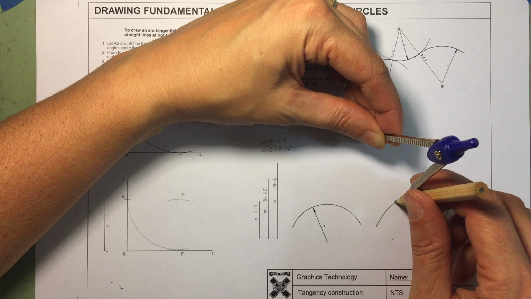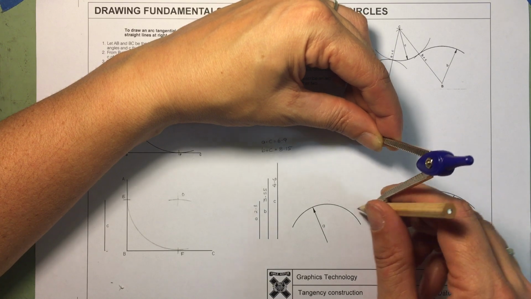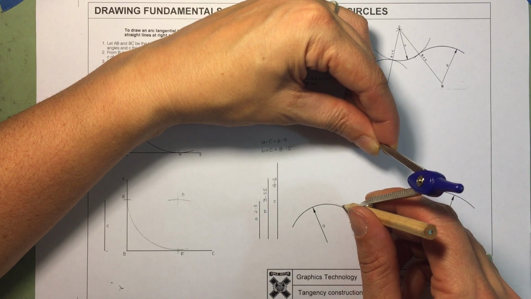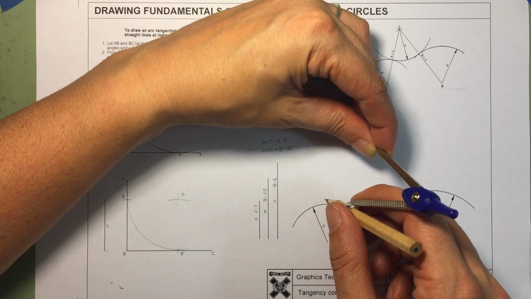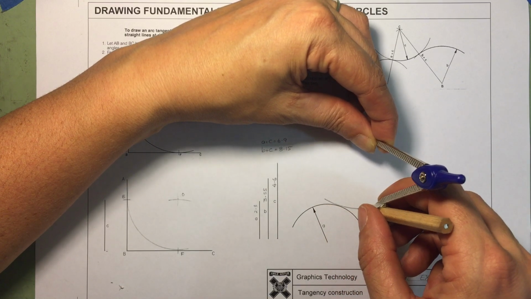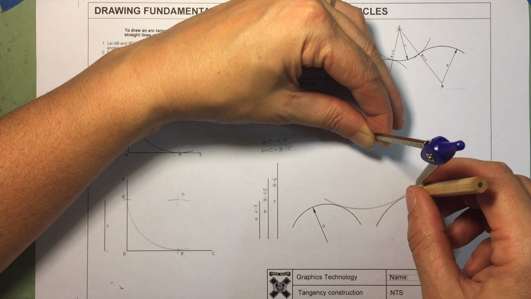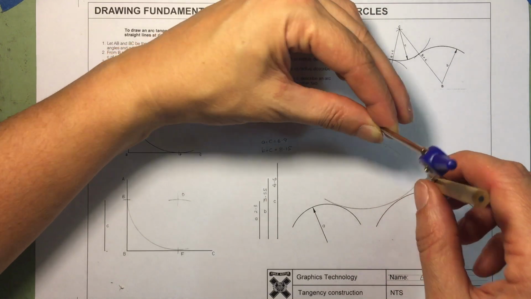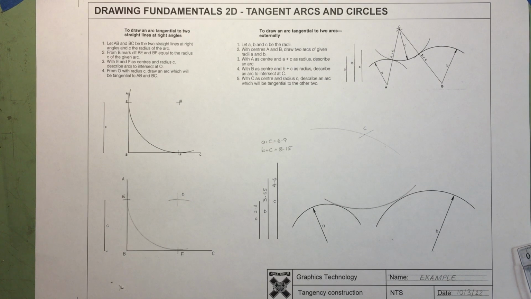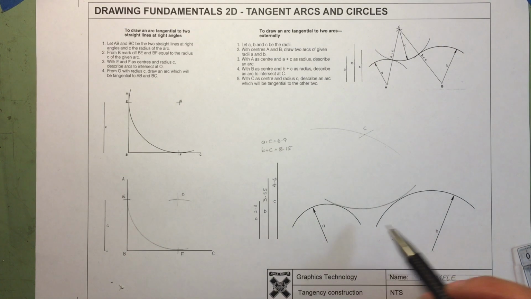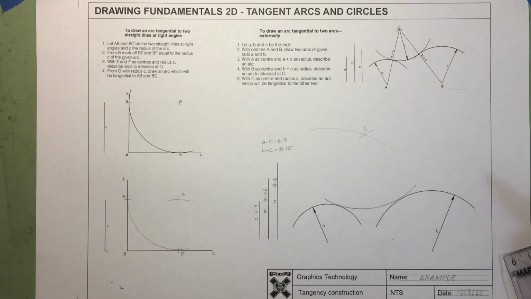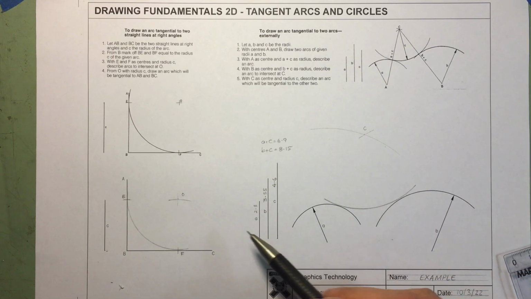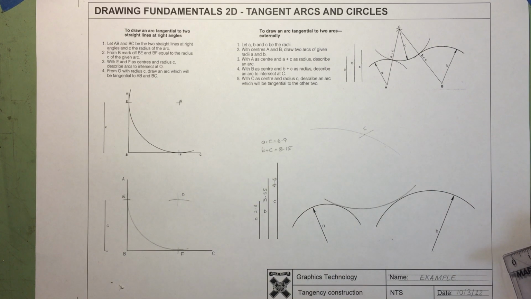And there is my new arc, and it's an equal distance from C. It isn't an easy thing to do. You have to be incredibly accurate with all your measurements. So that's that.